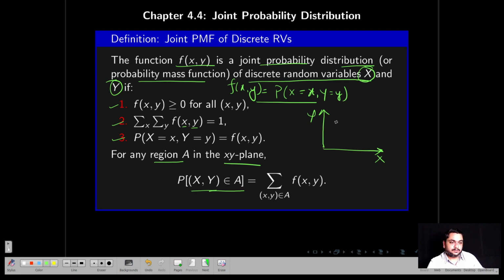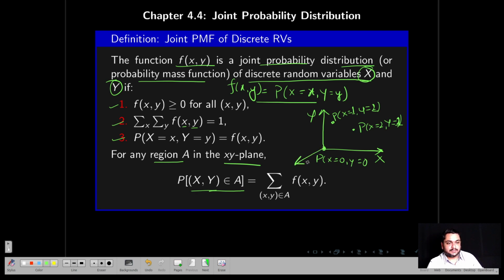Let us say there are some points: P(X = 1, Y = 1), then we have P(X = 2, Y = 2), this x equal to 2, y equal to 2, y equal to 1. And then say there is a point here, P(X = 0, Y = 0).